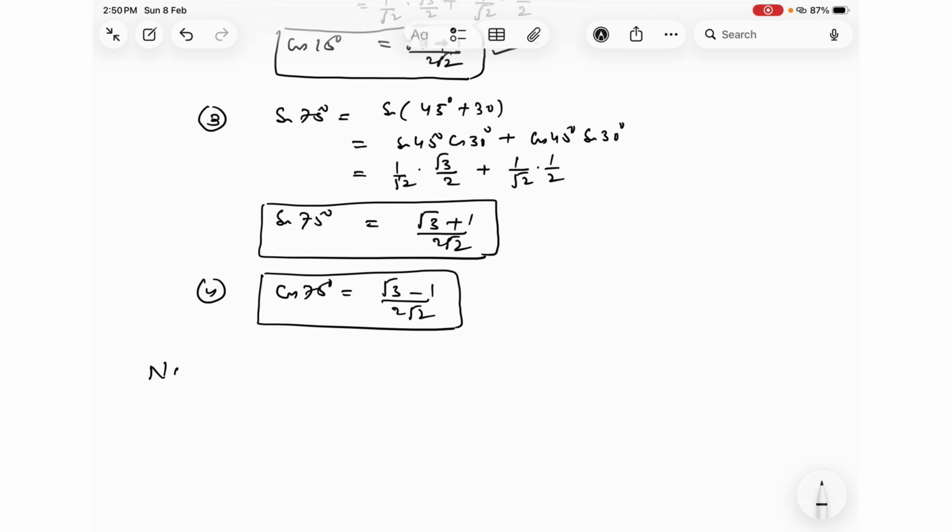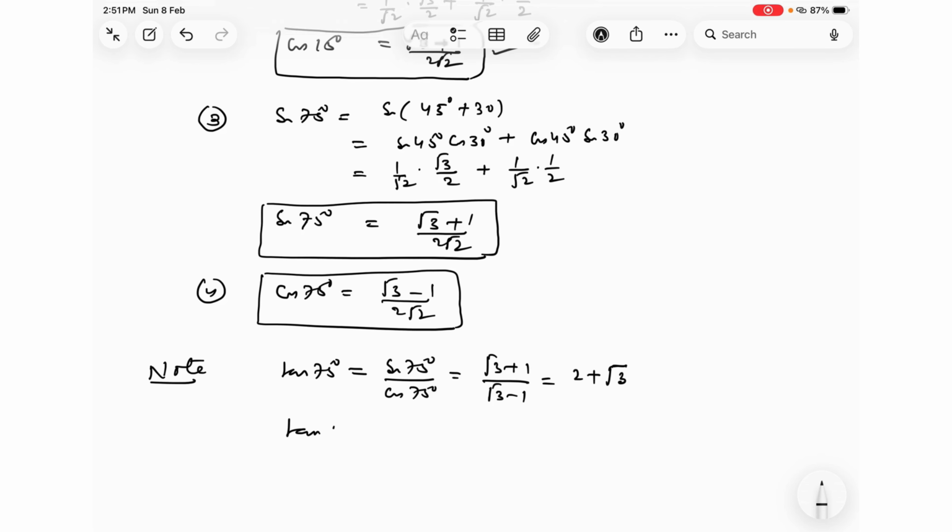Now, a very important point to note is the tan 75 degrees value. Tan 75 is what? Sine 75 by cos 75. Therefore, it is root 3 plus 1 by root 3 minus 1. If you rationalize with root 3 plus 1, tan 75 value will be 2 plus root 3.